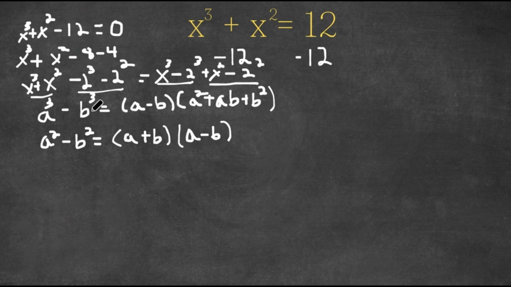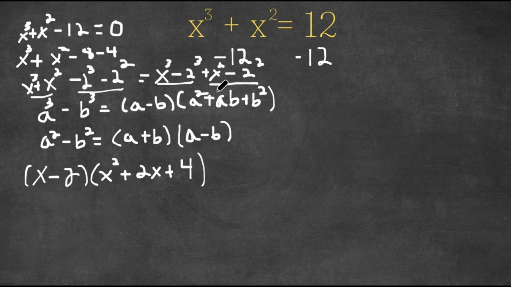So now let's first do a to the power of 3 minus b to the power of 3. We have x to the power of 3 minus 2 to the power of 3. Well, a is x, right? So we have x minus b, which is 2. So we have x minus 2 times x squared plus 2x plus 2 squared, which is 4.